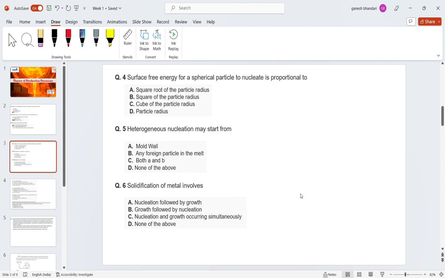I think the Young-Dupré equation comes into the picture for calculating the surface free energy. Firstly you will get the surface free energy, and the second thing you will get is whether the surface or the interaction between them is hydrophobic or hydrophilic. So you can determine the hydrophilicity of a particular element, and also the interaction between them.